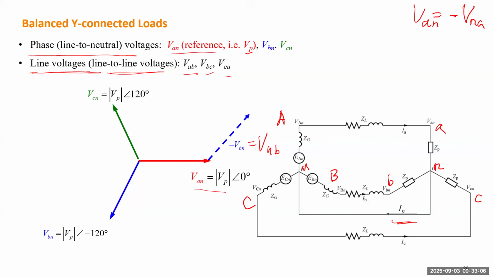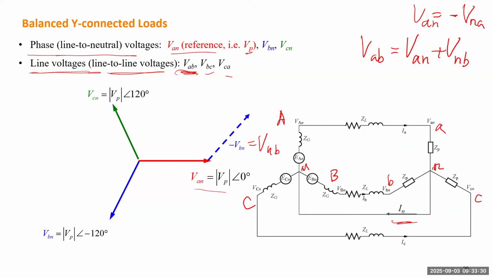So next, if we want to know what VAB is, VAB will be equal to how much A is higher than N plus how much N is higher than B, right? This is Kirchhoff's voltage law. And N is something in the middle.